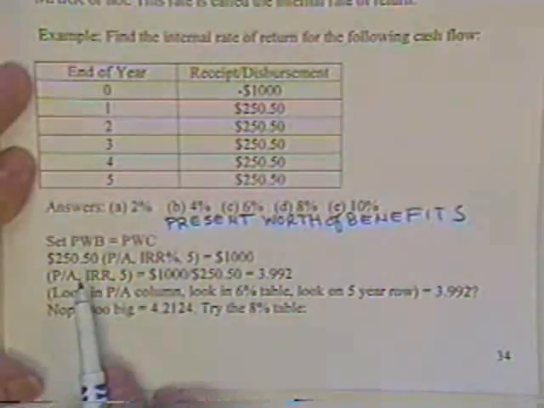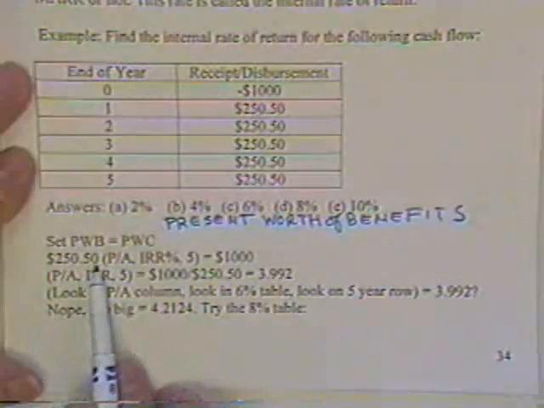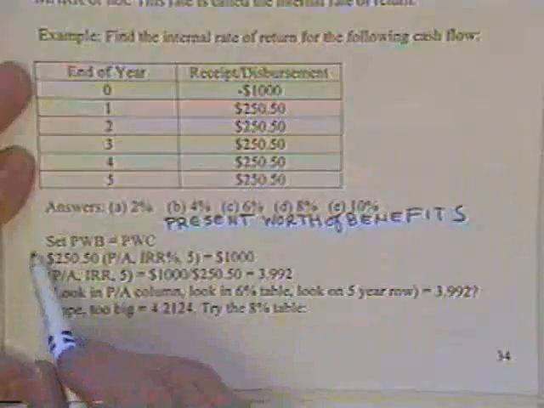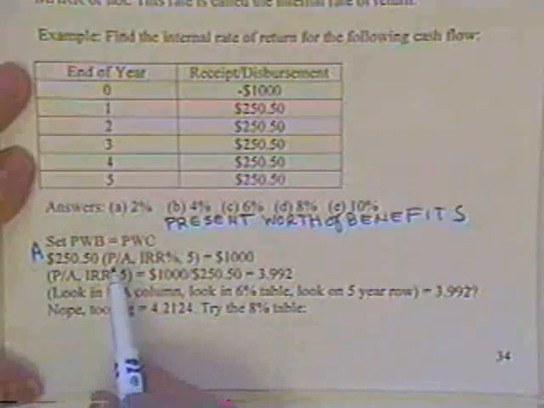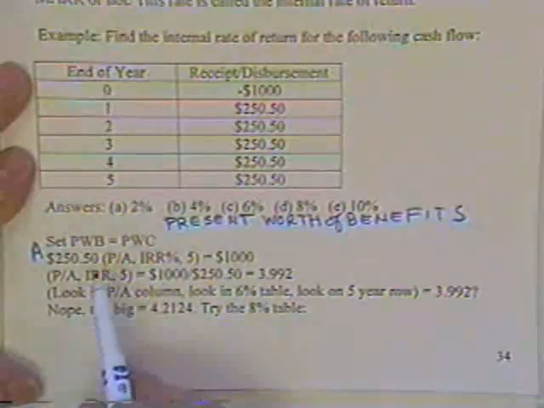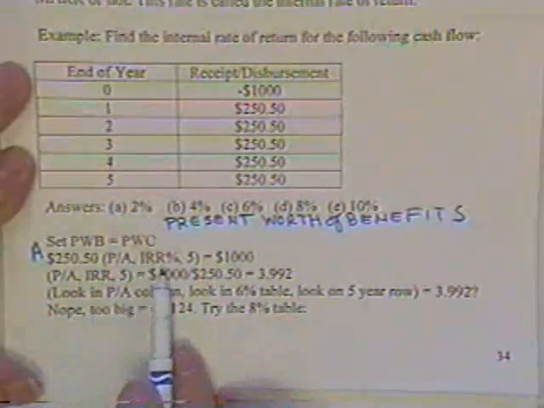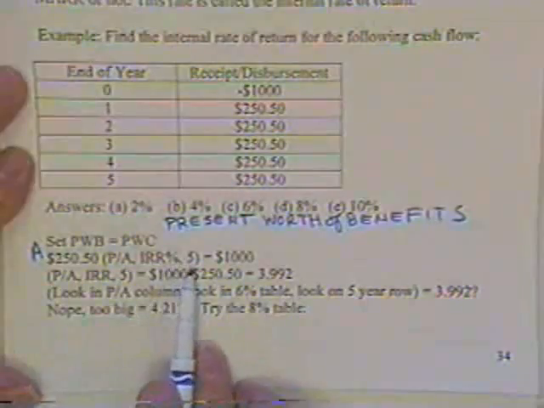Now, here are your benefits. Your benefits are $250 paid annually. So this is an A, and therefore A times P over A would cancel A, leaving me with the present value of this stream of cash flows to me, at some internal rate of return that's to be calculated, for 5 payment periods.